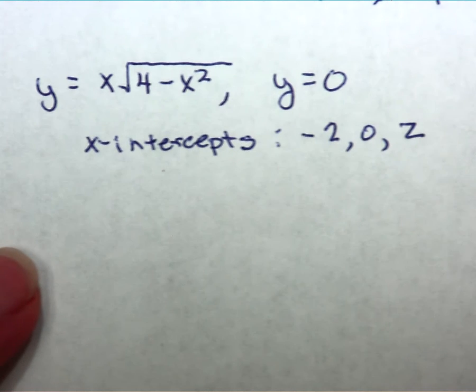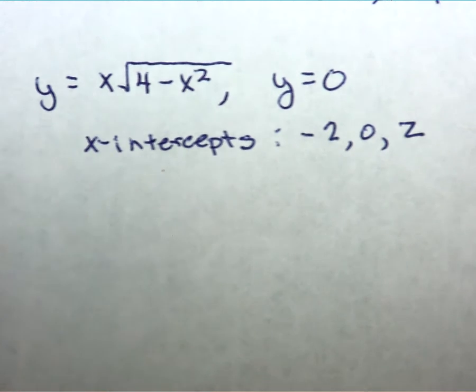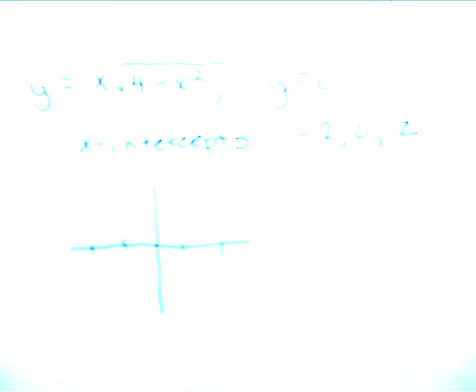Now, if I just want a quick graph or a quick mental image of what that looks like, how could I get it pretty quickly? Yeah, punch it on the calculator. It looks pretty much like this: it has intercepts at negative 2 and positive 2 and 0.